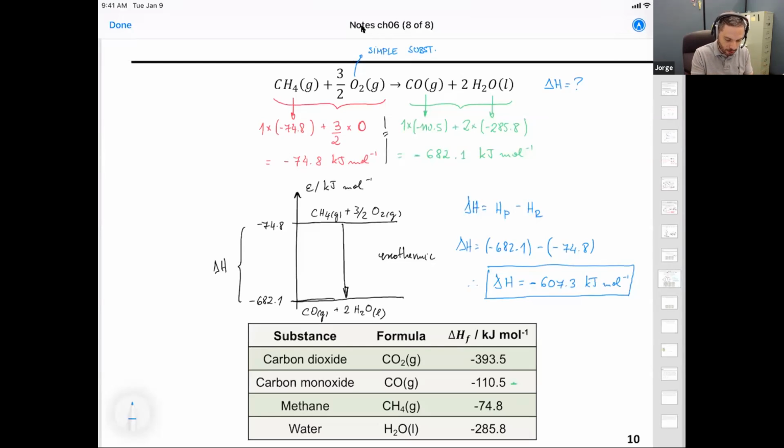That was the calculation for the incomplete combustion. Now the next step for the exercise is to do the same thing for the complete combustion. So let's do that after a minute.